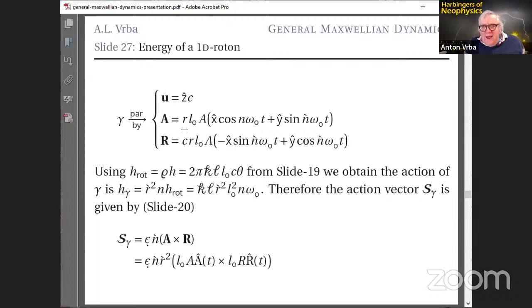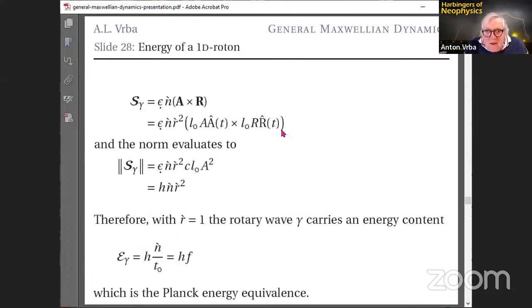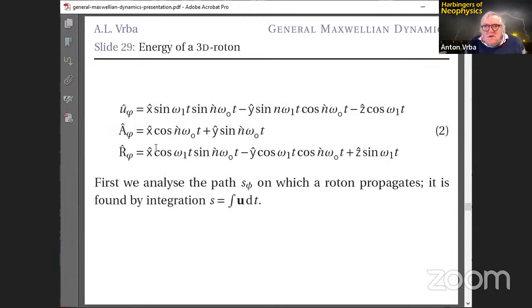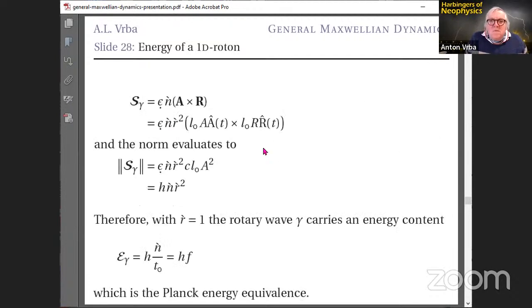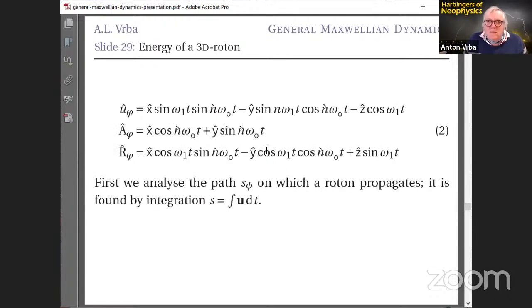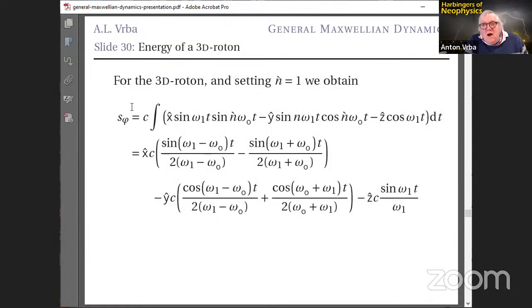We see that A equals R L0 times A, X cos plus Y sine, and this is exactly what I have here. There was a previous one. So now to work it out, basically I've covered this.